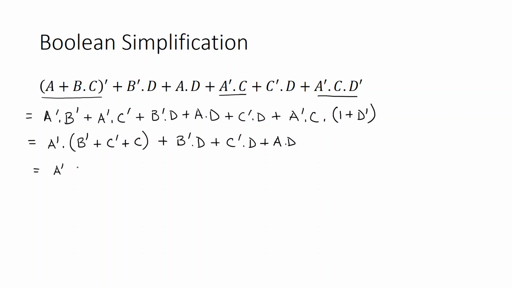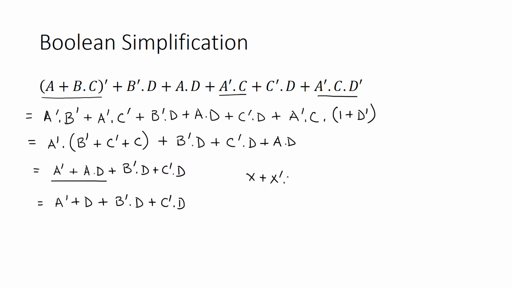Then you can have this taken together, then this, and then this. Now you look here, A' or AD, this will give you A' or D, plus B'D plus C'D. So why is this happening?